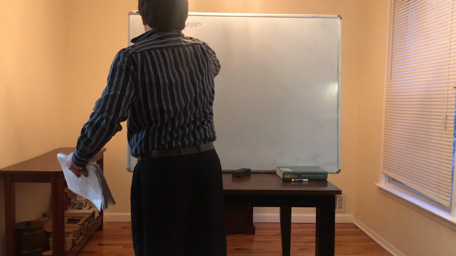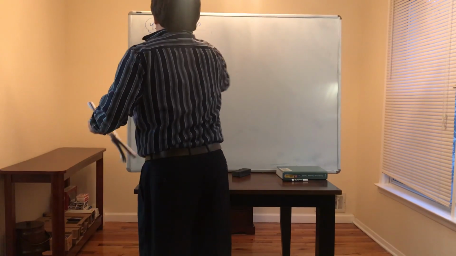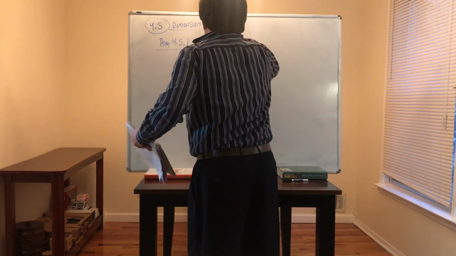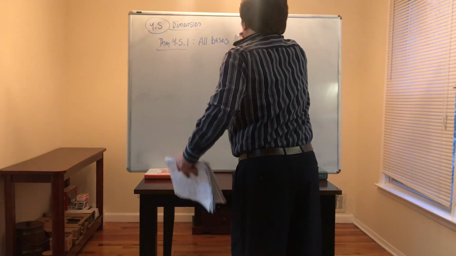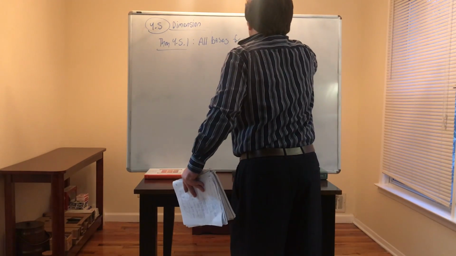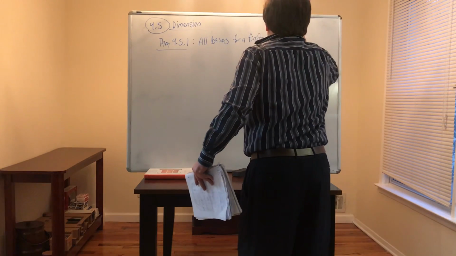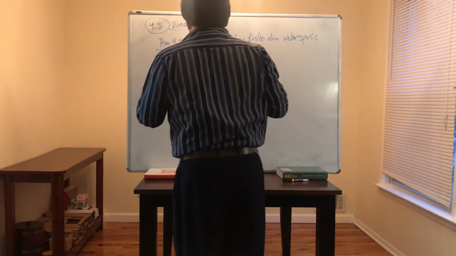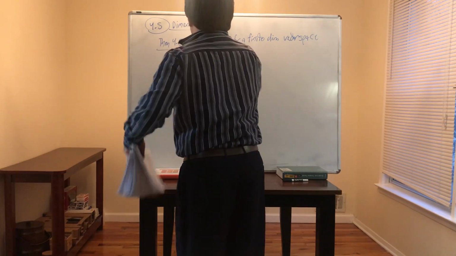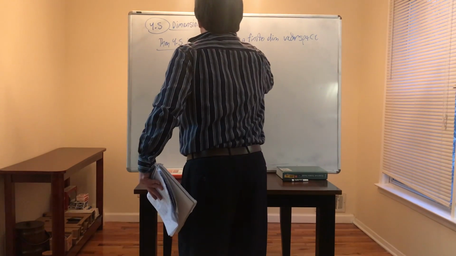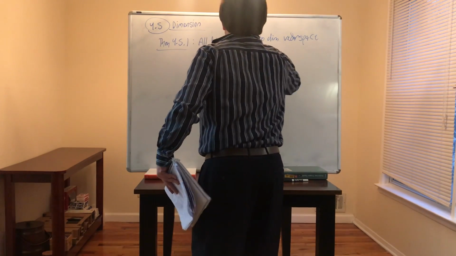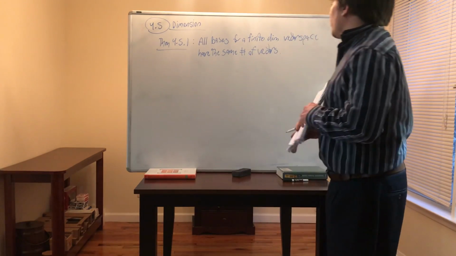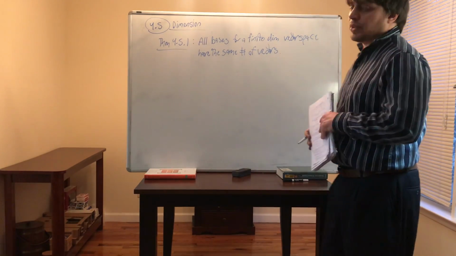Okay, so theorem 4.5.1. All bases for a finite dimensional vector space have the same number of vectors.